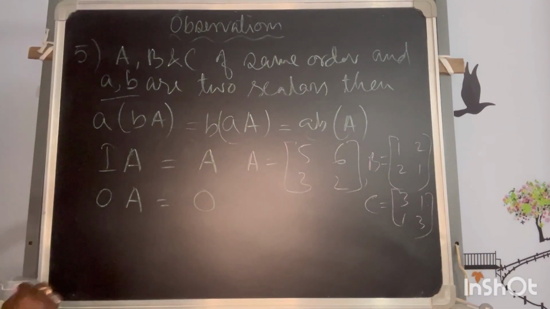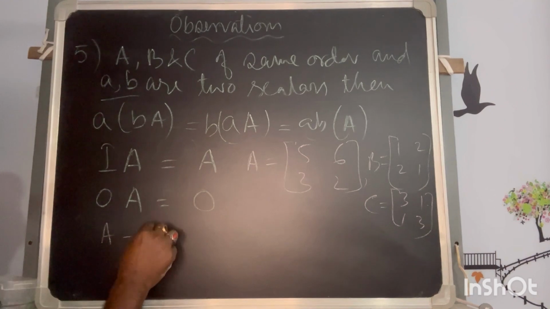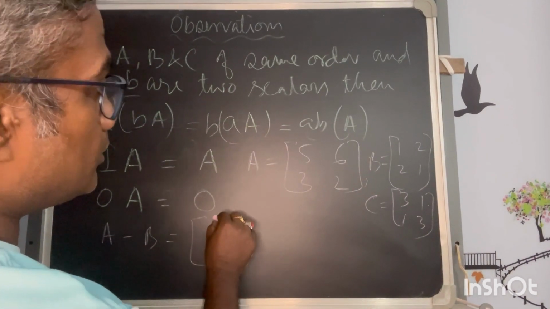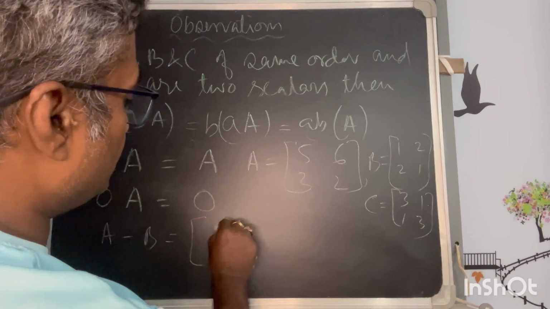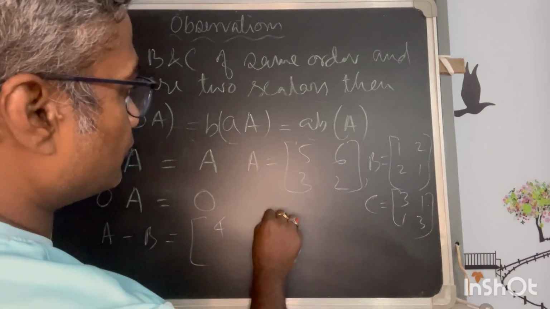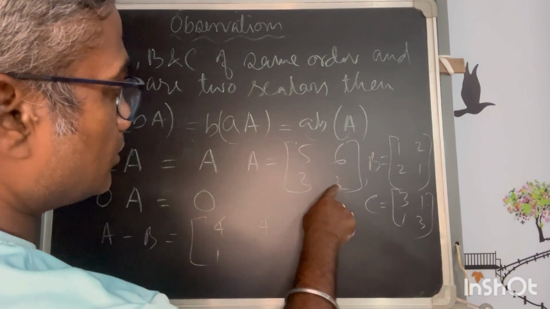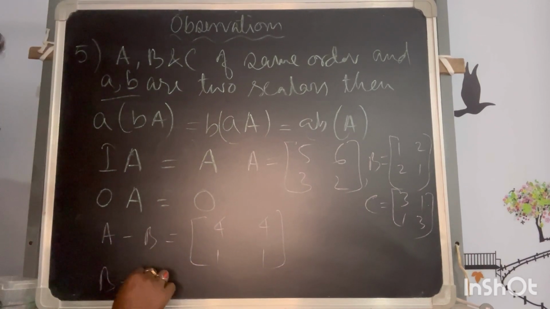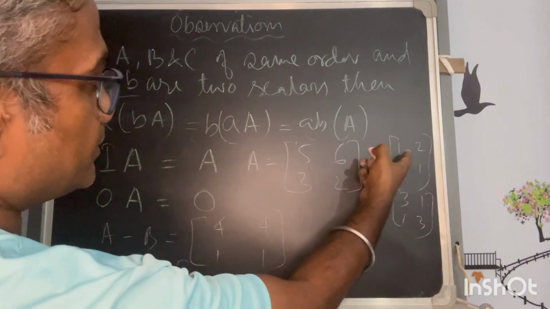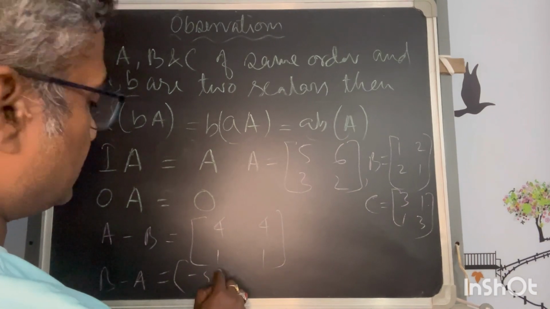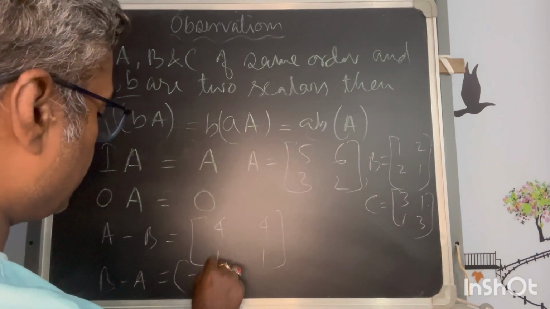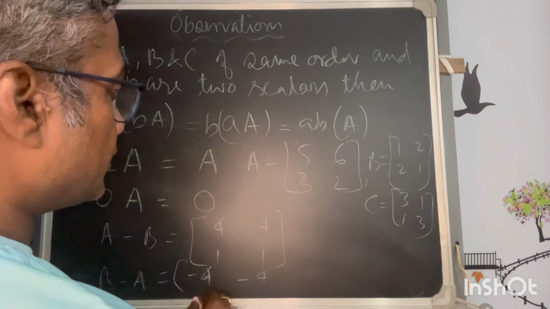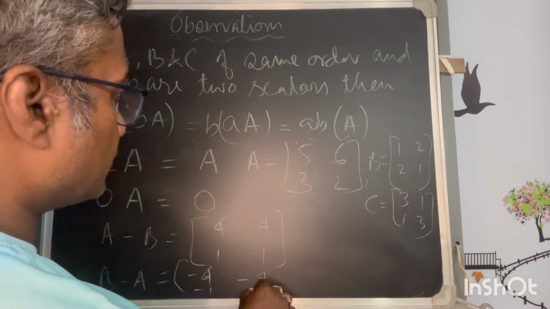First, we try the commutative law of a minus b with these two. So a minus b is 5 minus 1 is 4, 6 minus 2 is 4, 3 minus 2 is 1, 2 minus 1 is 1. Now if I try b minus a, this will give you the reverse: minus 4, minus 4, minus 1 and minus 1.